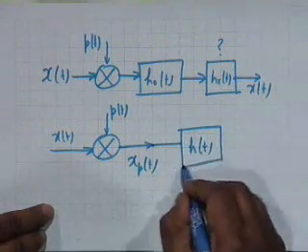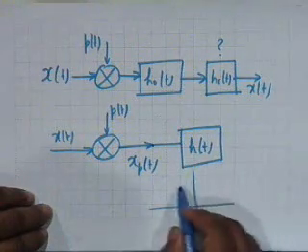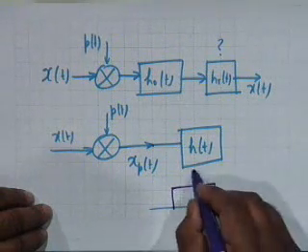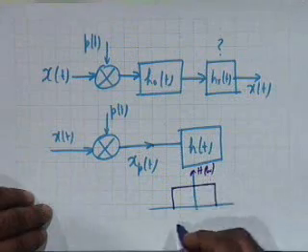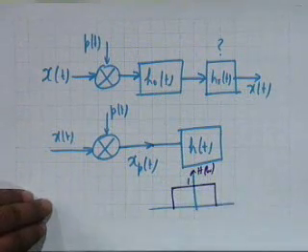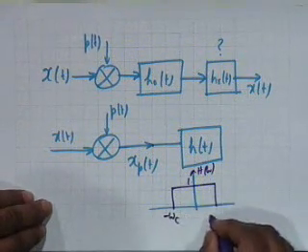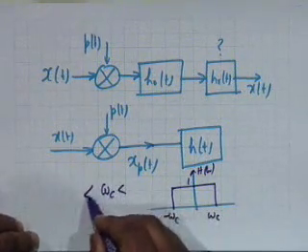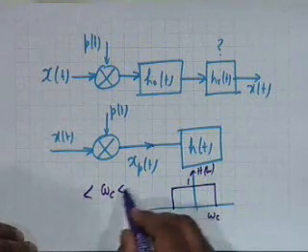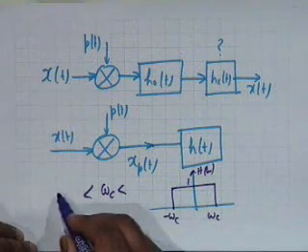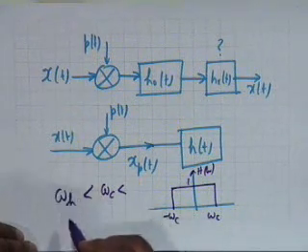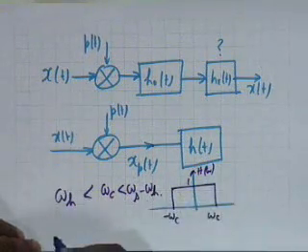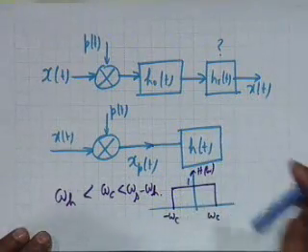Let us say its impulse response is h of t in such a manner that its frequency response, capital H of omega, was constant 1 from minus omega c to plus omega c, where omega c lies between omega h and omega s minus omega h. And what is the output of such a system?